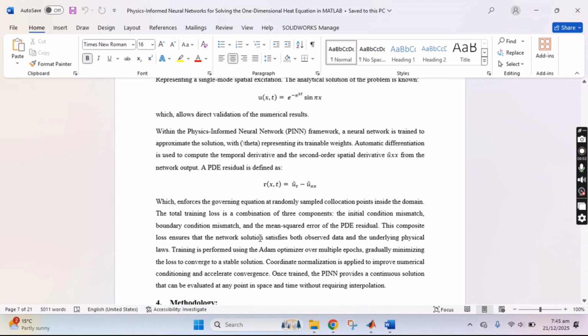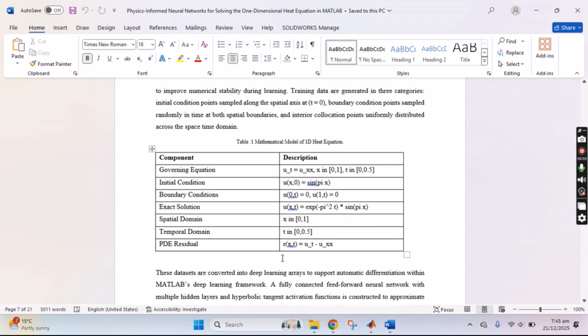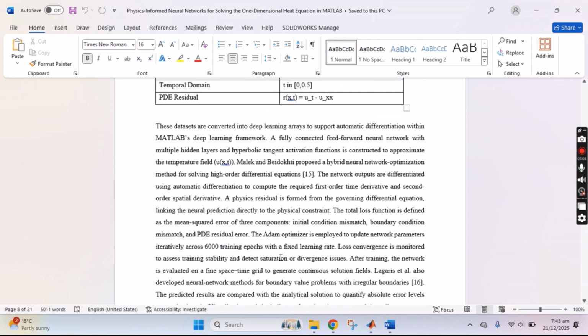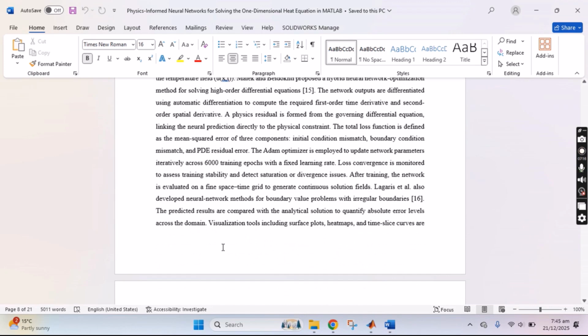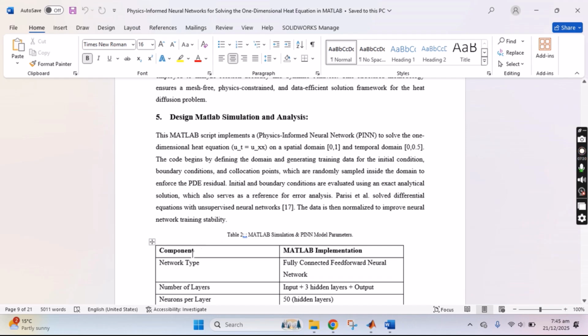The residual is defined as well, and then the methodology. In this methodology I have added the one-dimensional heat equation in MATLAB with almost 6,000 training epochs. Due to the 6,000 epochs, it takes some time while running MATLAB, but we will handle this accordingly.